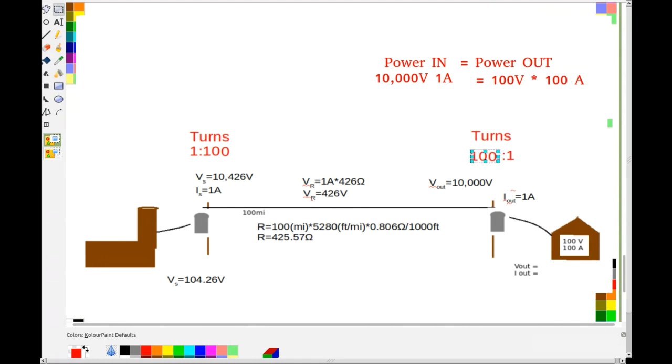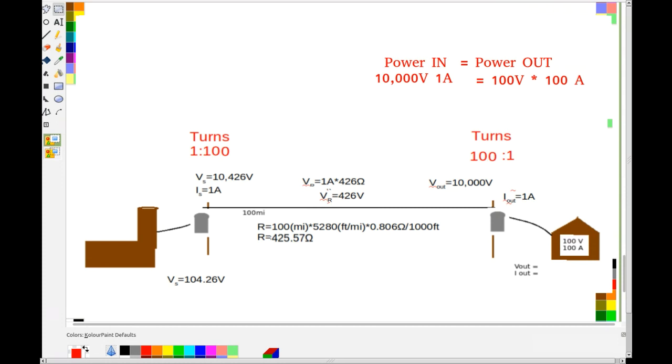So what that means is that when I'm going through this resistance here, instead of it dropping 42,000 volts, it only has 1 amp, right? So my resistance is 425.57 ohms.